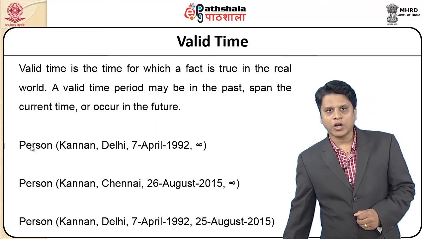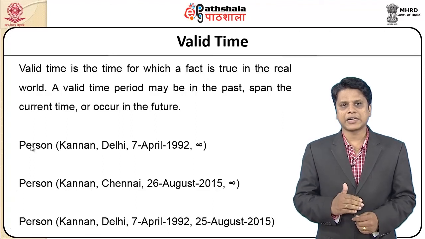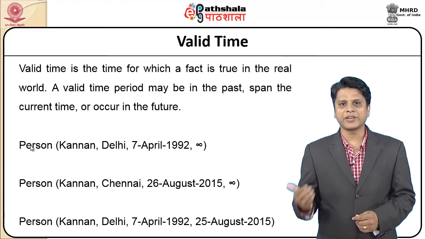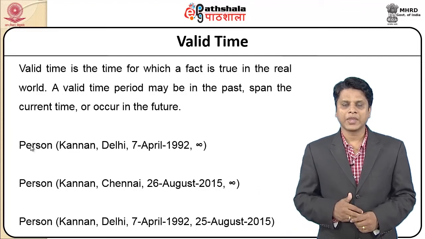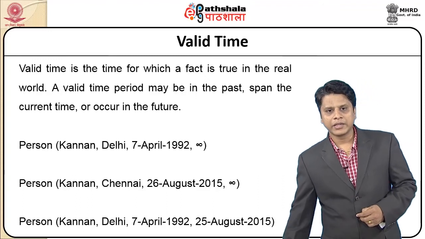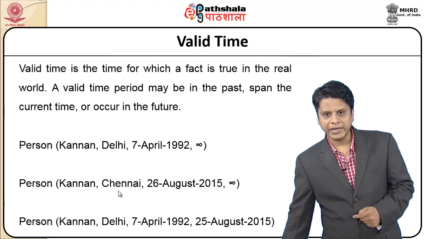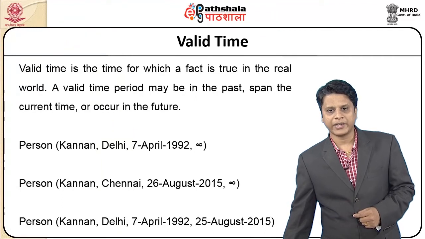I have another record which is somewhere in between. I say Kannan has relocated himself from Delhi to Chennai. At that specific juncture, how would I update the record? Here comes the update: person Kannan, Chennai instead of Delhi, on 26th August 2015 to infinity.